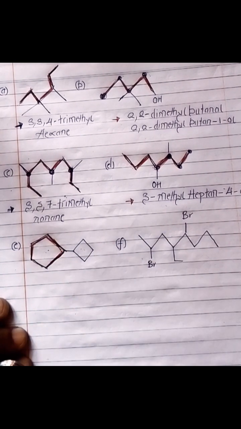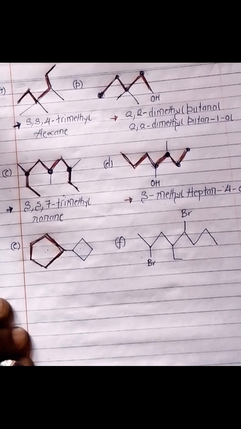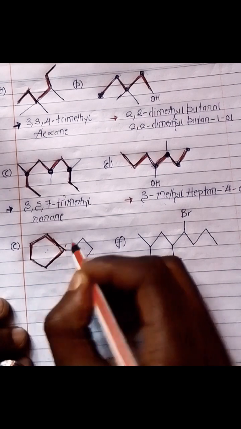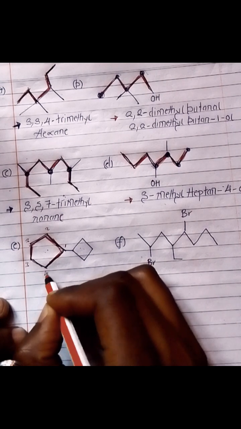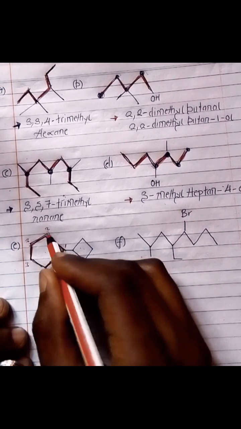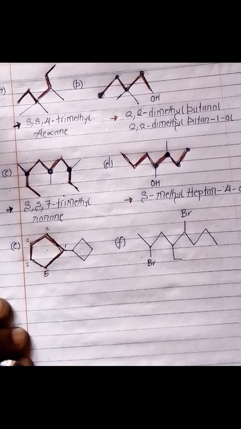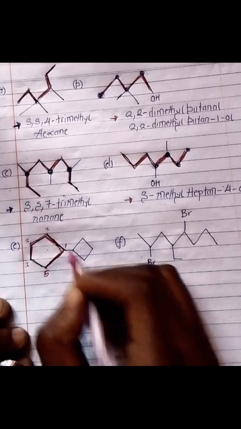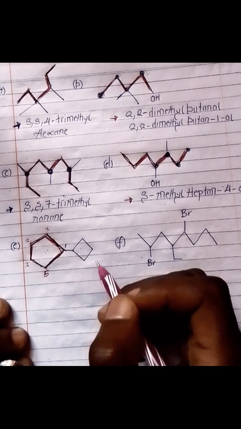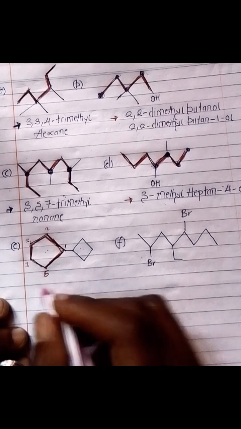So this will be the parent chain. If that's the parent chain, I could start counting, saying 1, 2, 3, 4, 5. 1, 2, 3, 4, 5, right? If I counted like that, how do we name this compound? I could say at position 1 there is an attachment. What's that attachment? That attachment is a cyclic attachment.